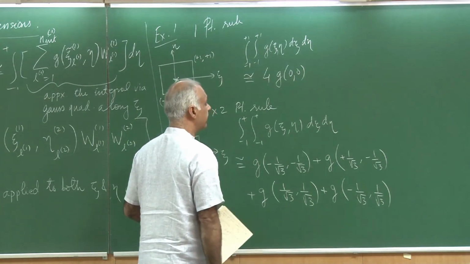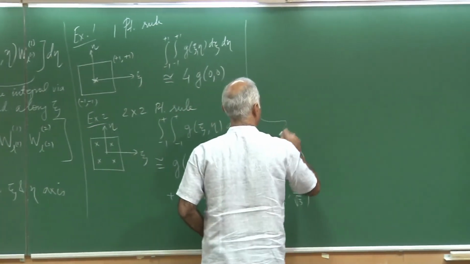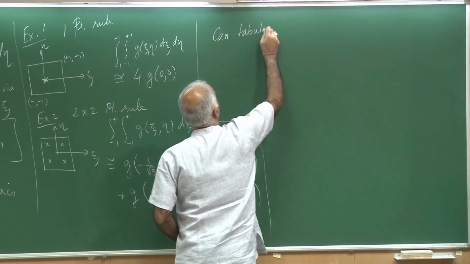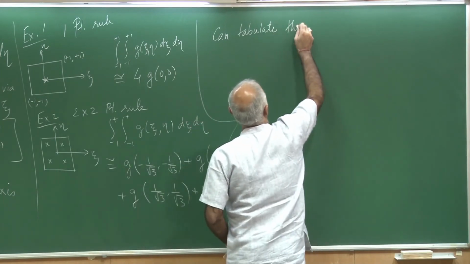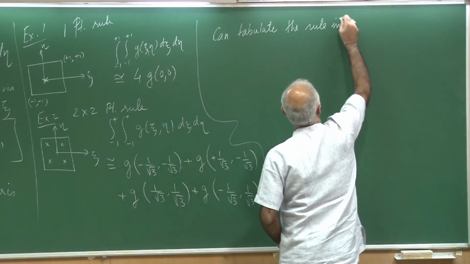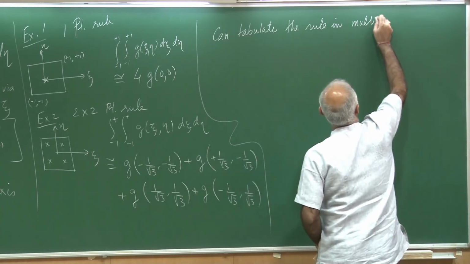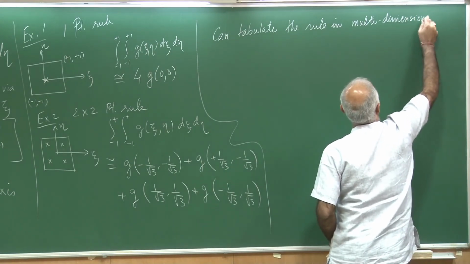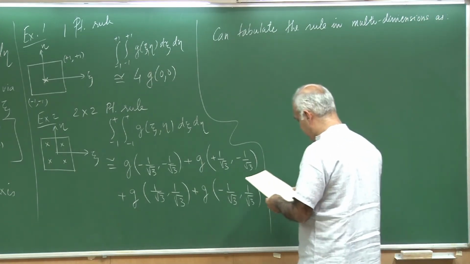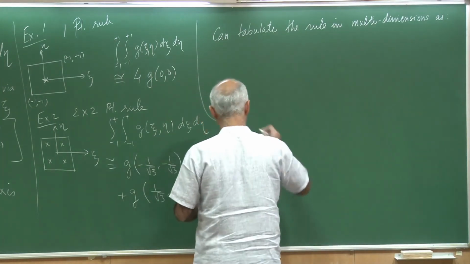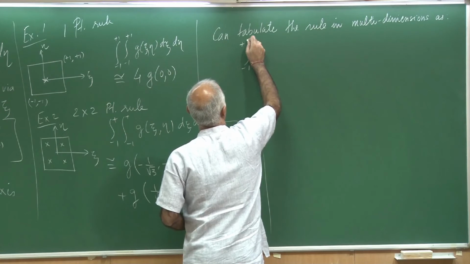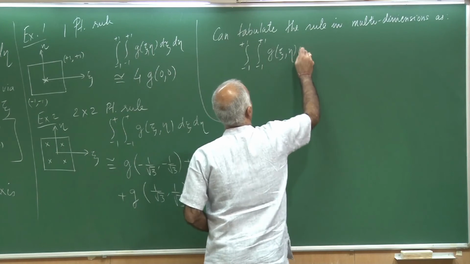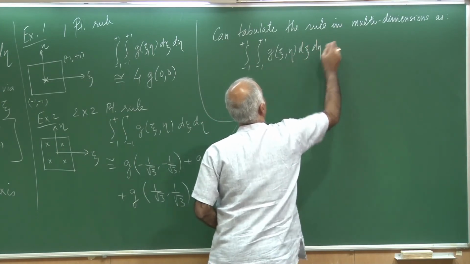So we can actually generalize this, and tabulate the rule in multi-dimensions as the following. So we can say that the integral from minus 1 to plus 1, minus 1 to plus 1, of g of xi eta d xi d eta.